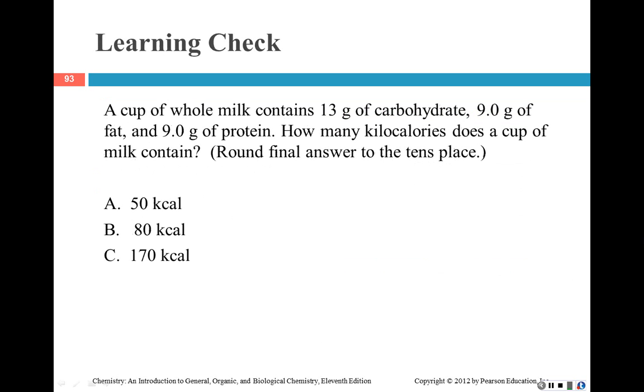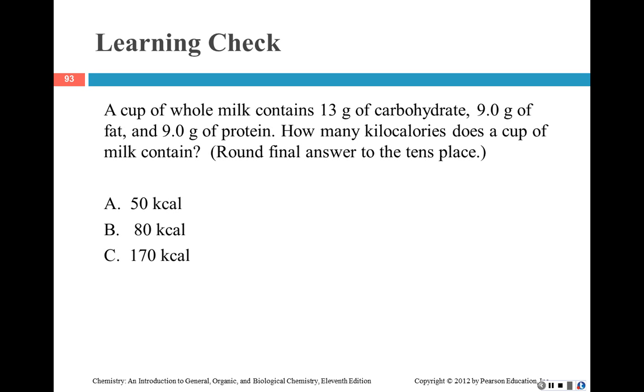So we are going to calculate, though, in this section, just this one, what are the Calories, big C, so kilocalories, of milk, and milk has 13 grams of carbs, 9 grams of fat, and 9 grams of protein. And so what we want you to calculate is how many kilocalories does a cup of milk have.